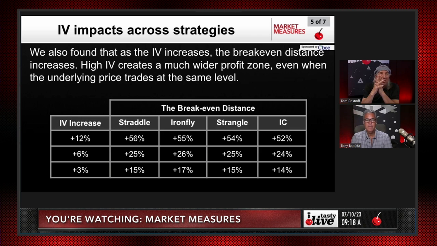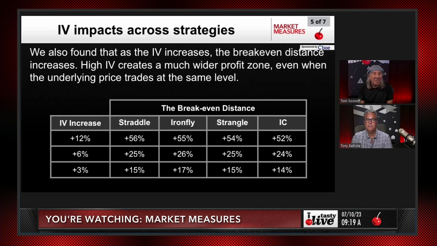So we also found that as implied volatility increases, the break-even distance increases. High implied volatility creates a much wider profit zone, even when the underlying price trades at the same levels. If you remember, when we put this piece together, the underlying price was trading at 400 for all of these. But when IV increases, the break-evens go up dramatically.